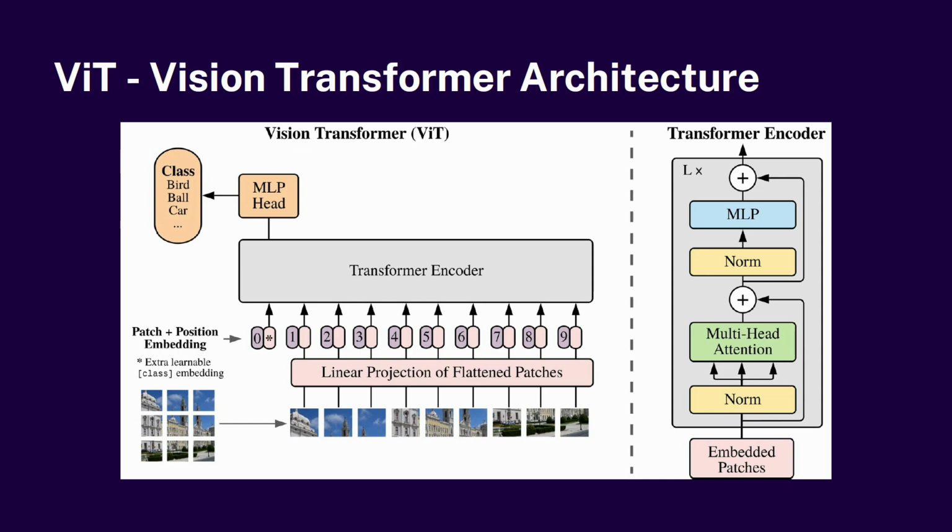This encoder is pretty classical: embedded patches come in, we will talk about that, then you have multi-head attention layers, you do that several times, and it outputs what you use to get the classification results.